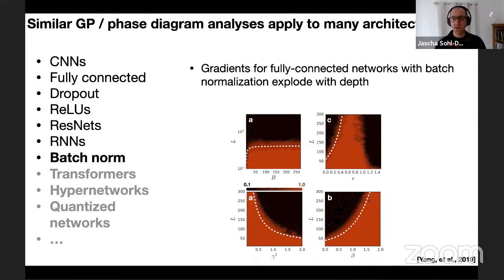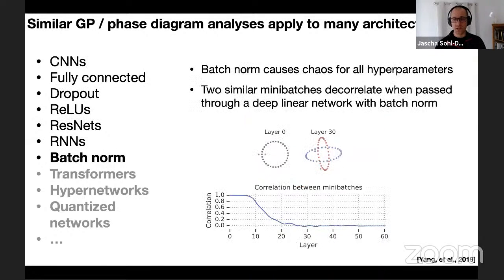I was going to additionally show you some experiments around batch norm, but in the interest of time, I won't. I'll just tell you a brief, perhaps surprising takeaway from batch norm, which is that you find that for any choice of hyperparameters, the batch norm operation induces a chaotic input-output map and exploding gradients, just always.